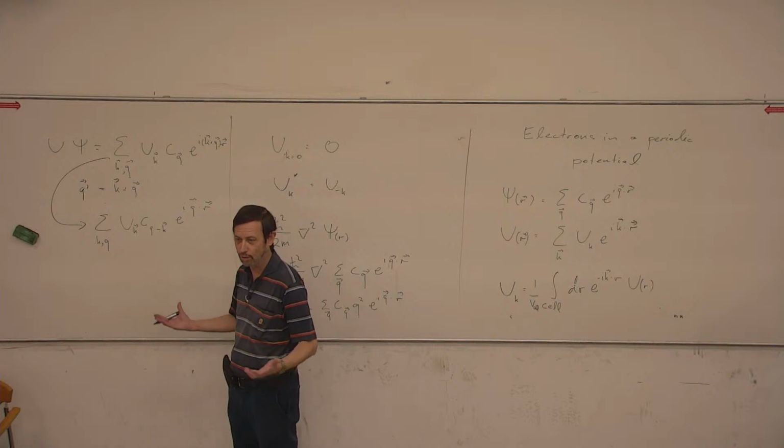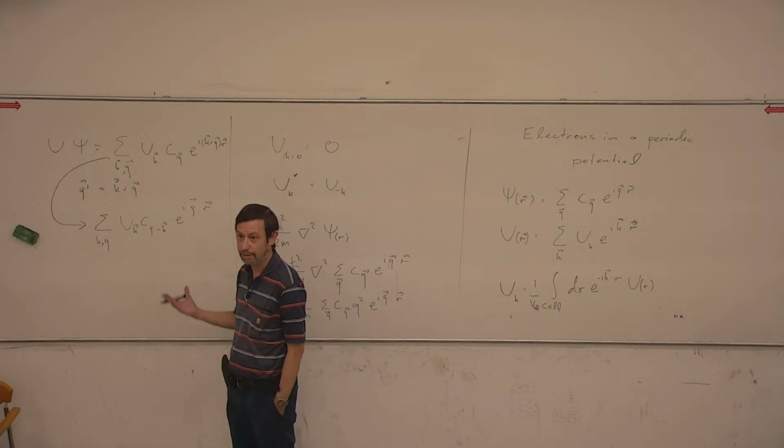Okay, so what's the Schrödinger equation? A combination of these two things equal E times the wave function.